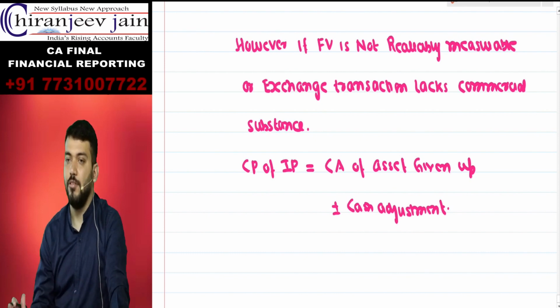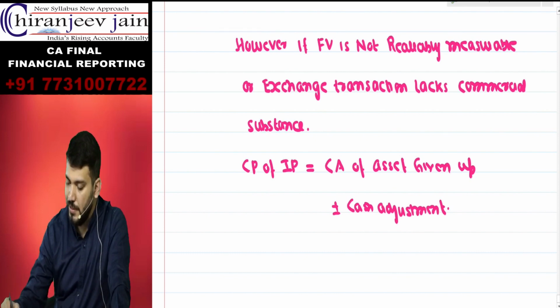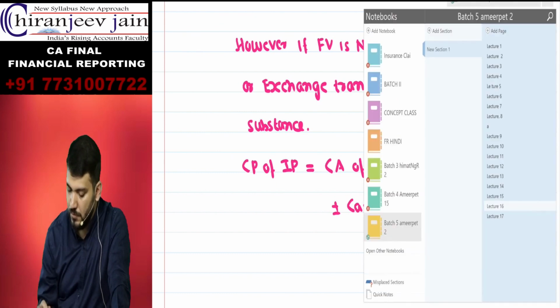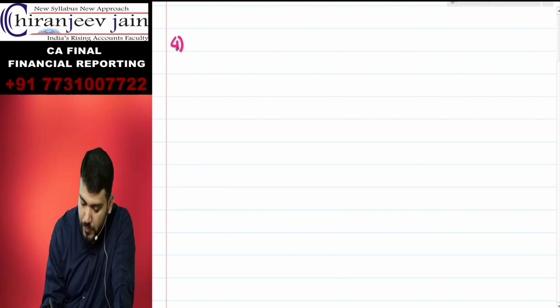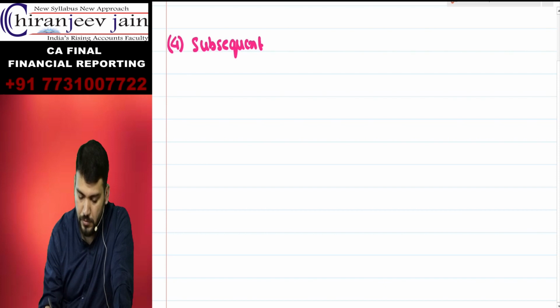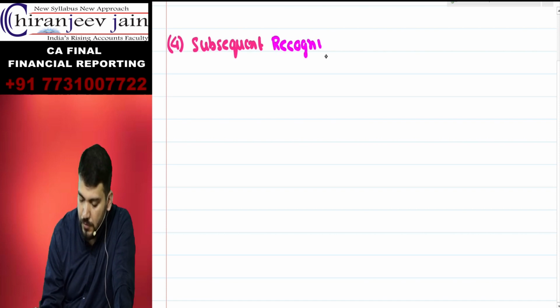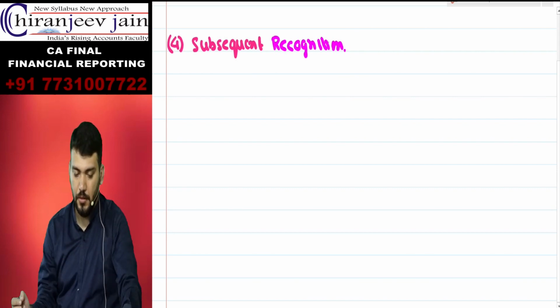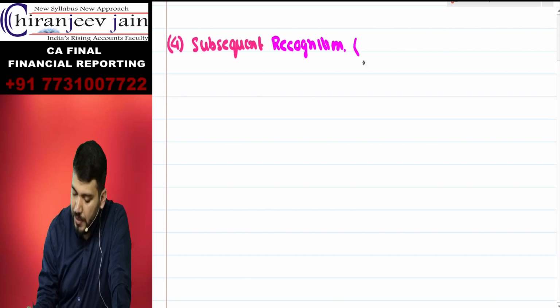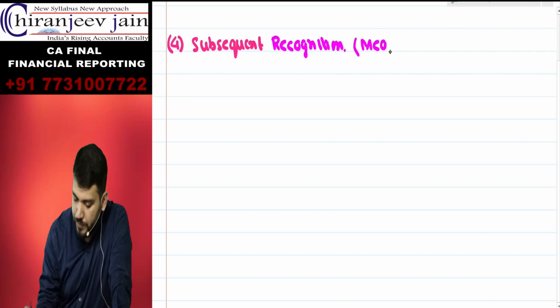So this was initial recognition. Done? Written? Then write down point number 5, subsequent recognition, means measurement at which date?